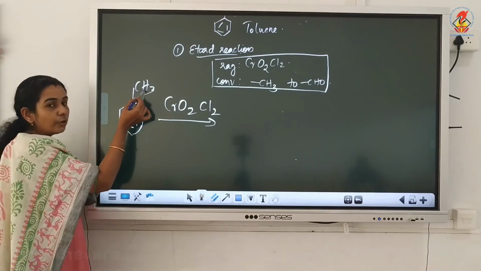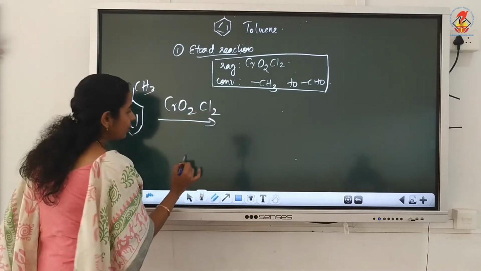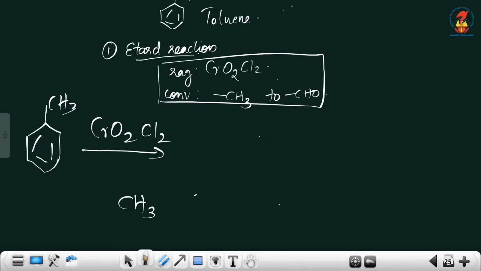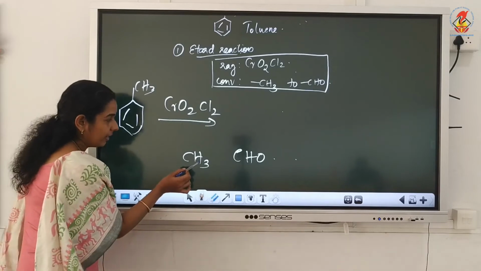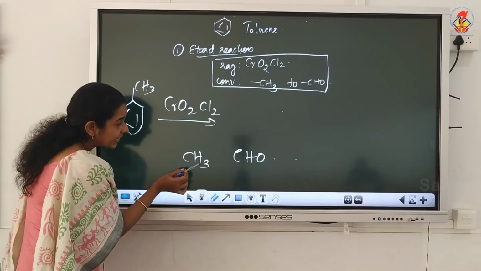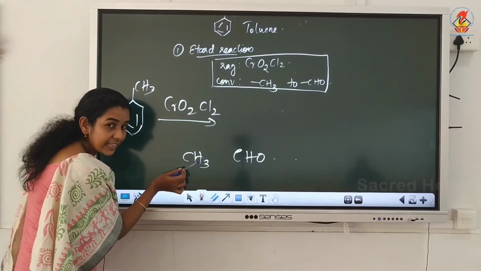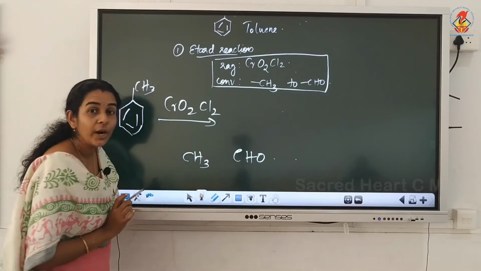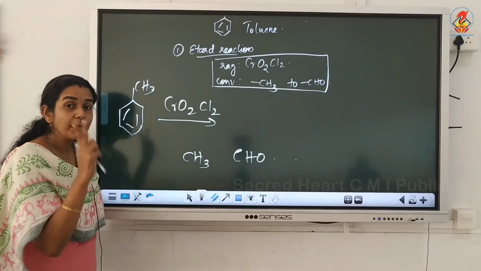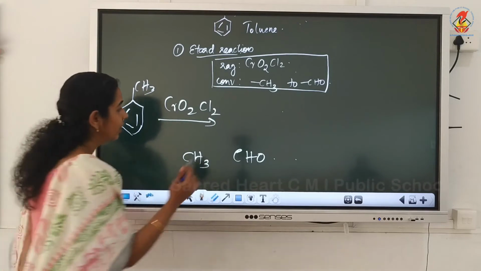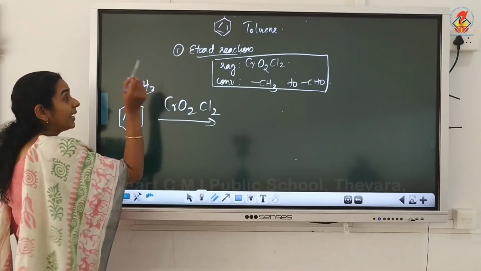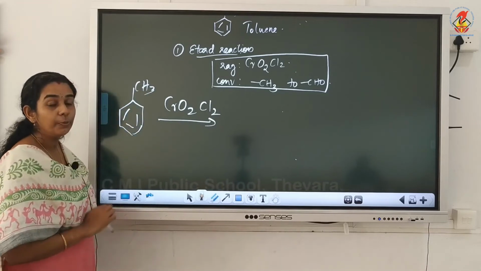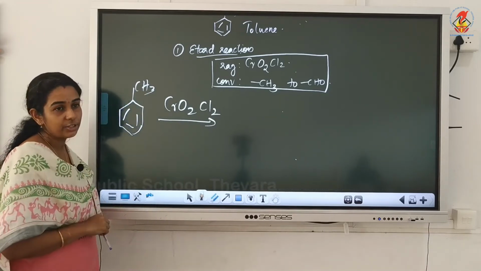Look at the formula of toluene here. If we want to convert CH3 to CHO, what is the basic change happening? We have to replace 2 hydrogens of the methyl group by 1 oxygen atom. So chromyl chloride will be added to this methyl group by replacing 2 hydrogen atoms.